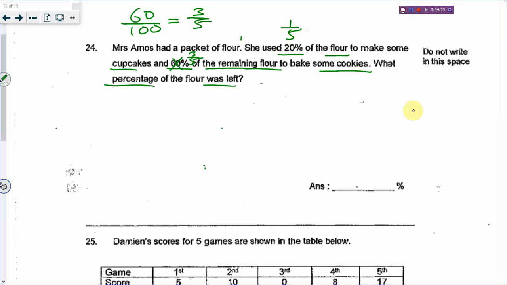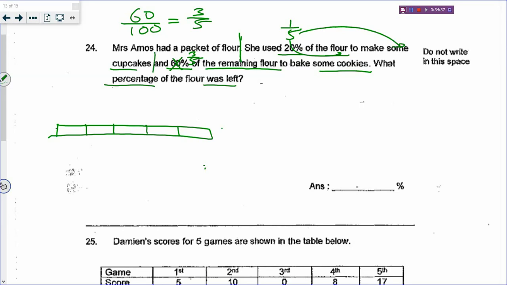So let's draw out the model again. So Mrs. Amos had a packet of flour, and you cut this rectangle into 5 boxes, right? And she used one box to make some cupcakes. So you label one box to make some cupcakes, and this is the remainder.